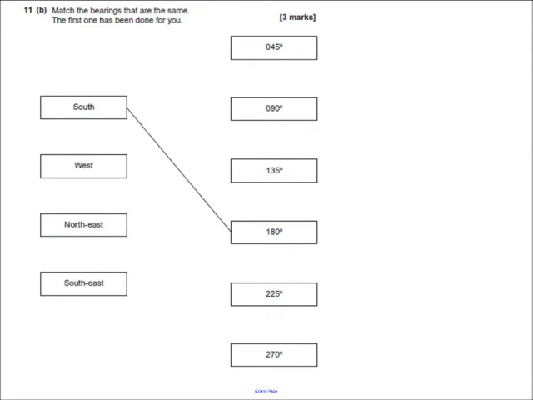Question 11b is asking us about bearings. So now we're talking about bearings. We reference our bearings to north. So south, when we've got our cardinal points, north, south, east and west, has a bearing of 180 degrees.